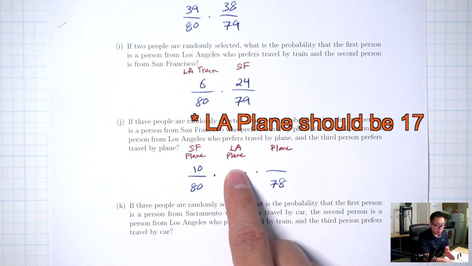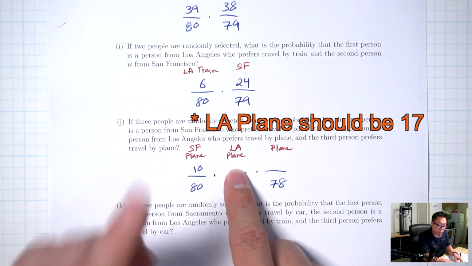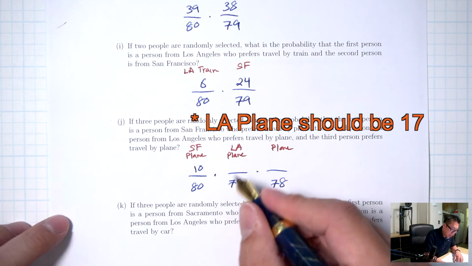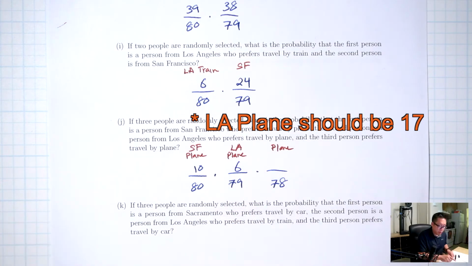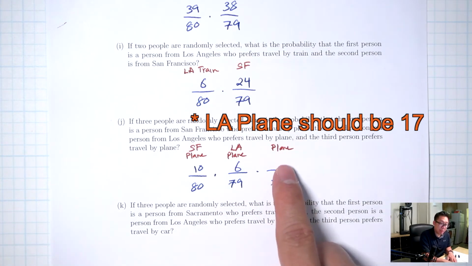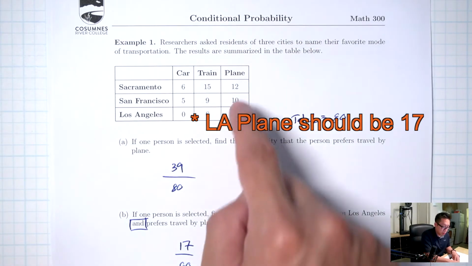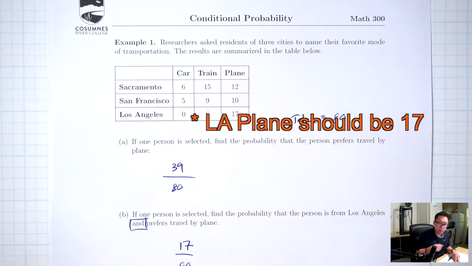I have not. I used SF plane, but I haven't used exactly LA plane yet. So I should have the full 6. Third fraction is just plane, no city attached. So plane would be 12, 10, 17.